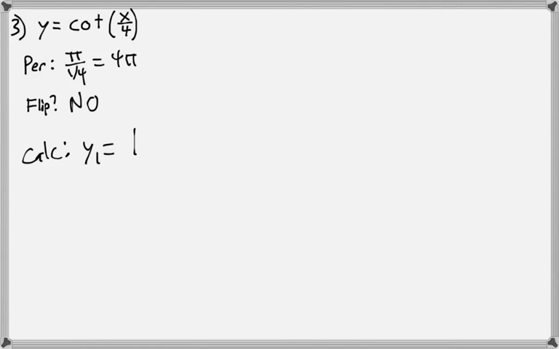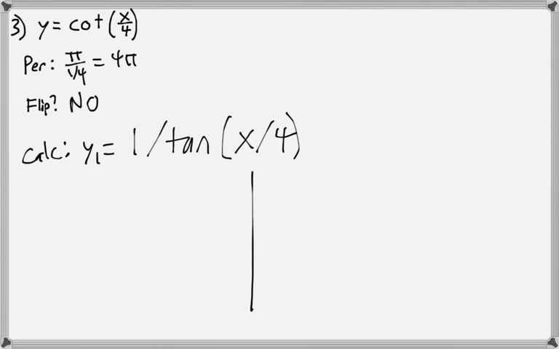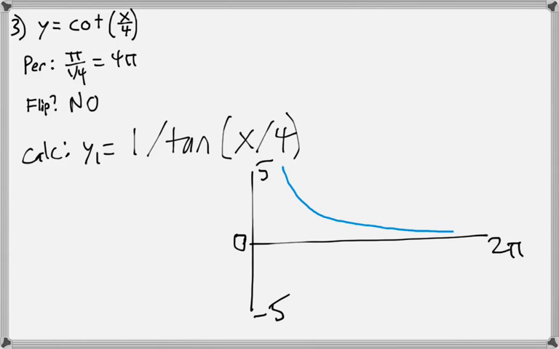So if I type in 1 over tangent of x over 4, so that should give me the correct graph. And it looks like this.